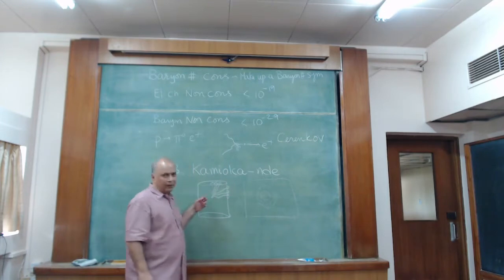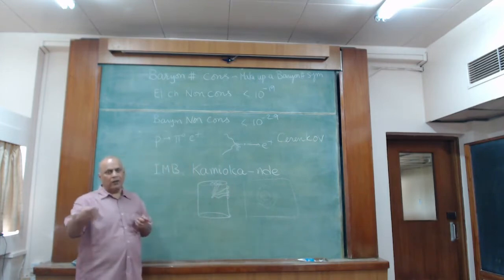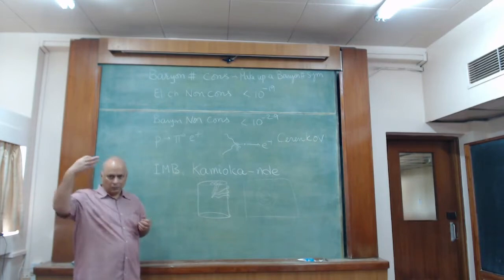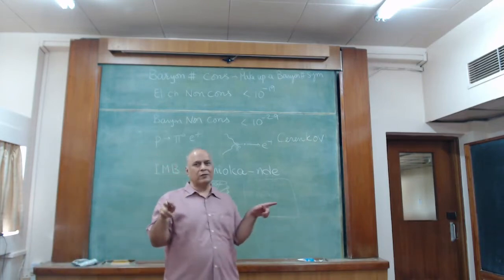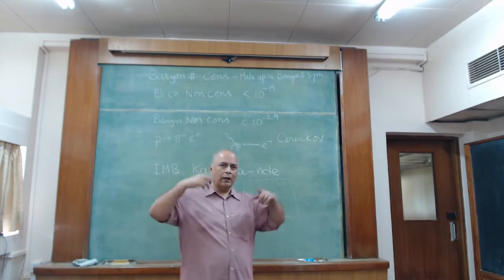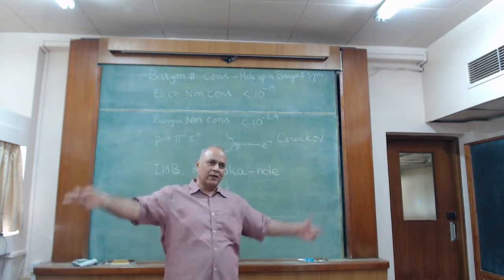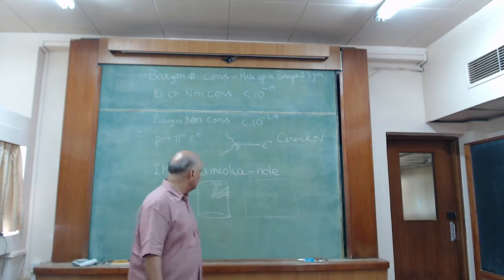Whereas if it is an electron, it undergoes bremsstrahlung, and the corresponding photon pair produces, and those pair produced e plus e minus undergo bremsstrahlung.